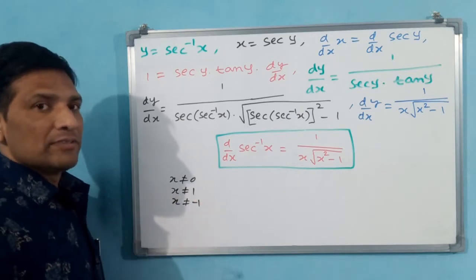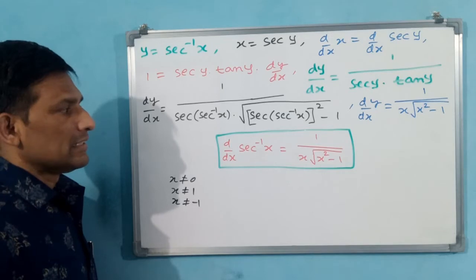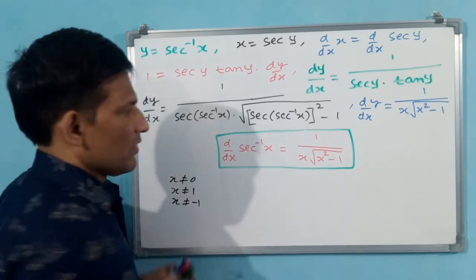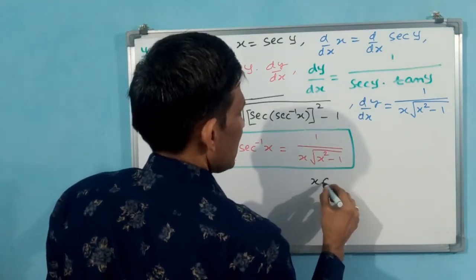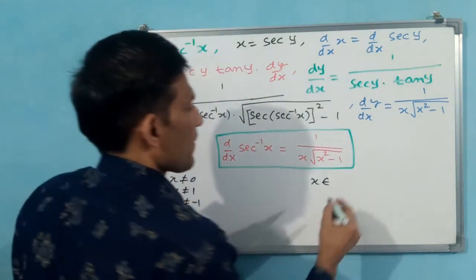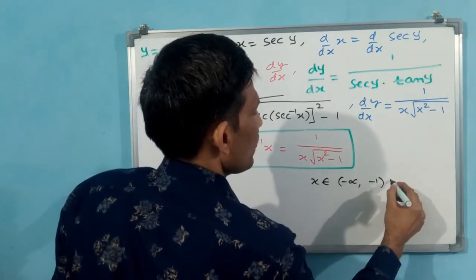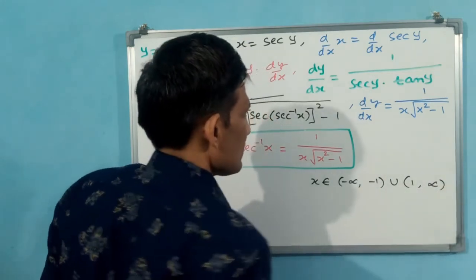Then what can it go? You see what I am writing now. x belongs to -infinity to -1 union 1 to infinity.